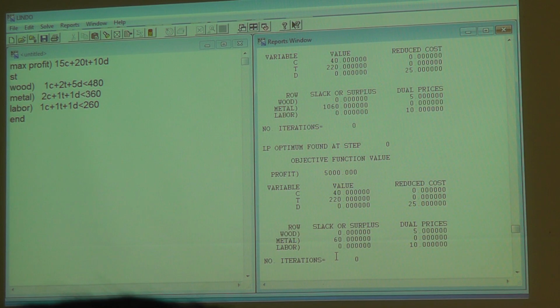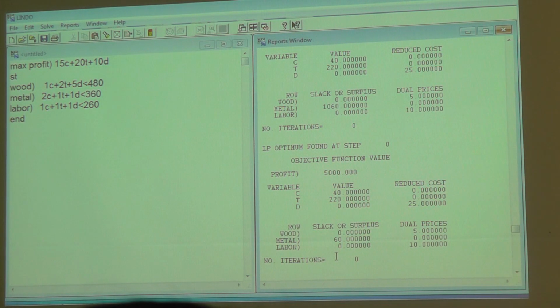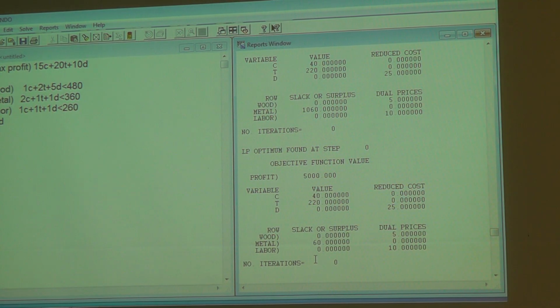It's kind of the shadow price of the constraint d greater or equal than 0. What it means is, if somebody imposes on you a contract, you must produce at least $1. How much less profit will you be able to derive? And the answer is $25.